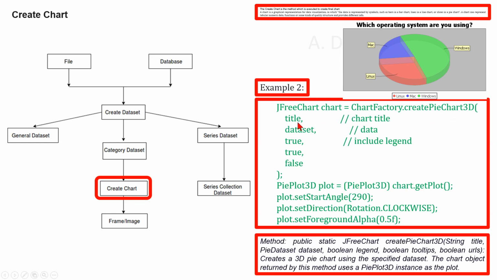Here the title, the chart title, null permitted; dataset, the dataset for the chart, null permitted. Here the legend, a flag specifying whether or not a legend is required. Tooltips, configure chart to generate tooltips. URLs, configure chart to generate URLs.